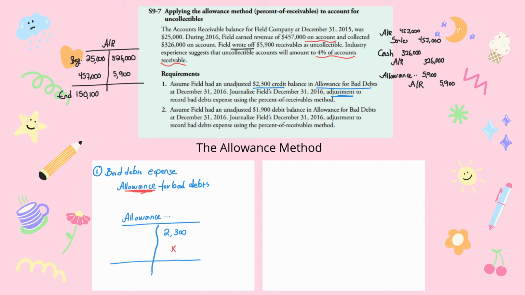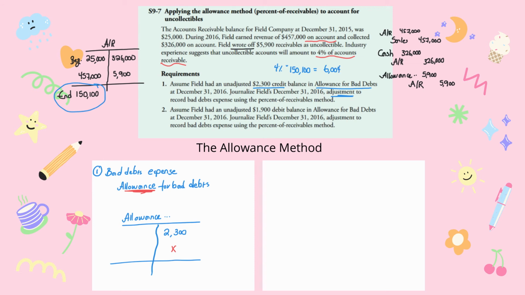He said that he is estimating 4% of accounts receivable to be uncollectable. So what shall I do? I need to multiply 4% with the ending accounts receivable of 150,100. If you multiply it with 4%, it's gonna be 6,004.